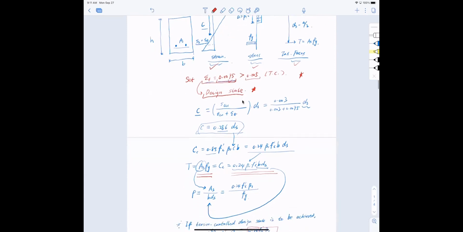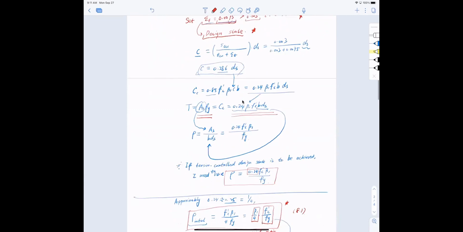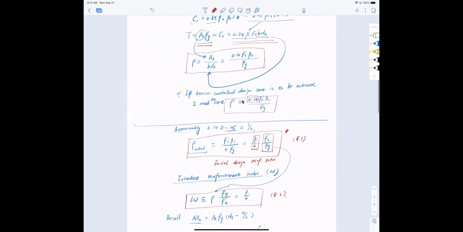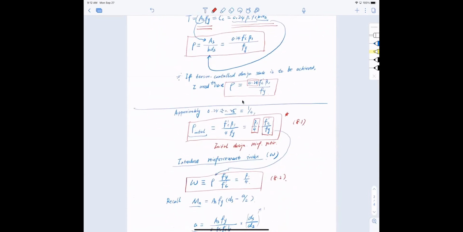Then from there, we find the actual compressive zone c, find the compression force C_c, and eventually get this equation where rho is equal to 0.24 f'c beta1 over fy. Because we're civil engineers trying to keep everything clean and neat, we approximate 0.24 as 0.25, which is 1 over 4.